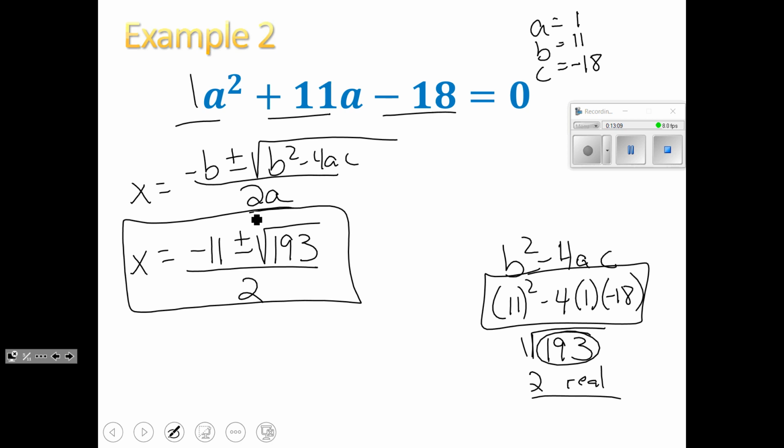Okay? And that is 2 answers. And on the SOL, it might say, what are your 2 answers? You could say one answer is negative 11 plus the square root of 193 over 2. And then you could say negative 11 minus the square root of 193 over 2.